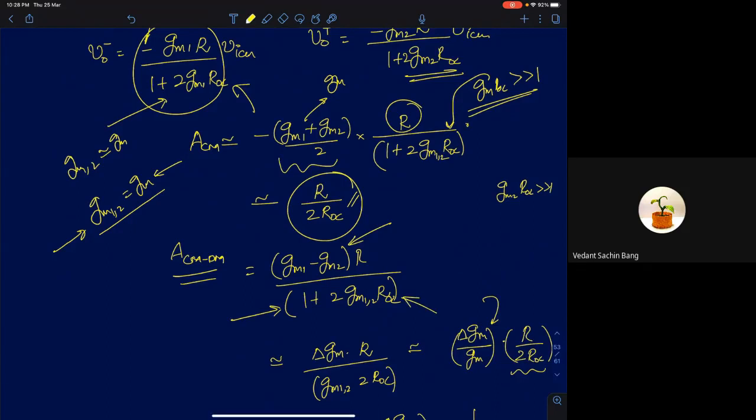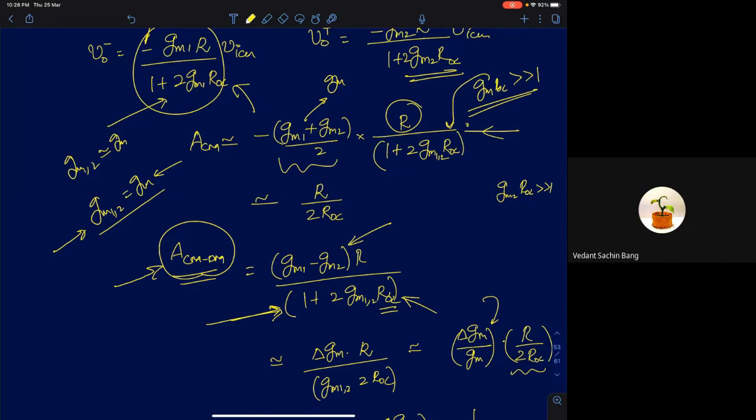But now you have this denominator factor which reduces ACM-DM by a huge amount, because ROC can be quite large. So your overall ACM-DM is also reducing significantly. I can argue the same for ACM as well.